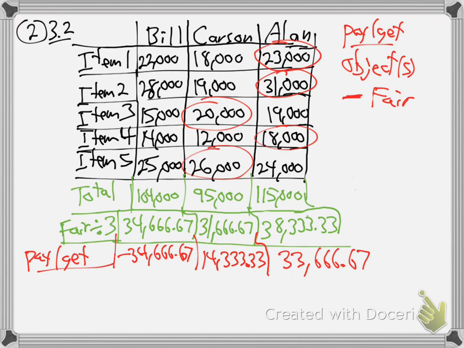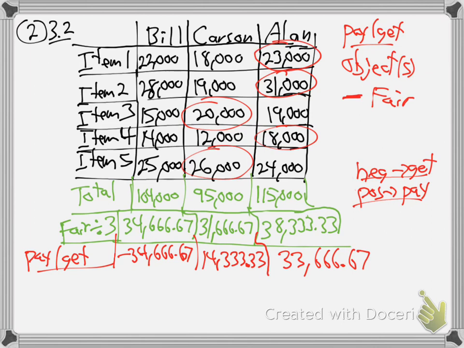Everybody seeing how we're getting those numbers? And remember, negative is stuff they get from the estate, and positive is stuff they have to pay into the estate. Remember, because it's from the estate's perspective. So if it's negative to the estate, then it's coming out of the estate, going to us. Right? So negative is actually money we get.